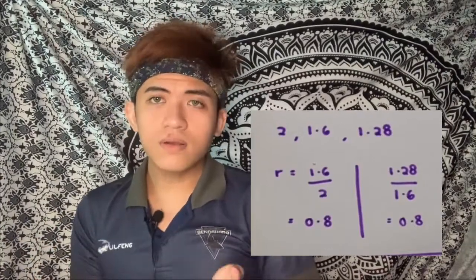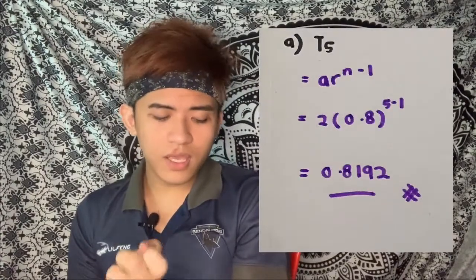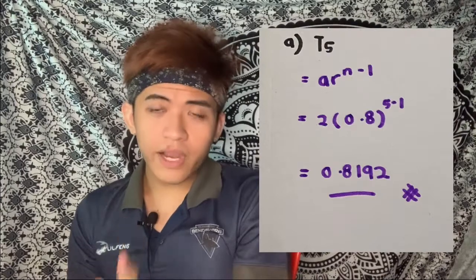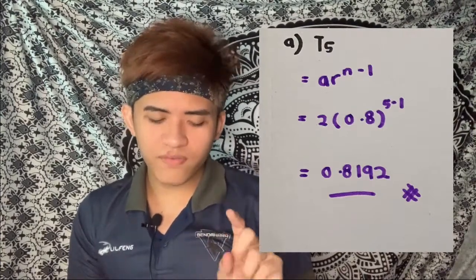So now we have A and we have R, so we can easily substitute all of these variables in the formula. For T5, the first question, T5 is equal to A R to the power of n minus 1. So 2 times 0.8 to the power of 5 minus 1.